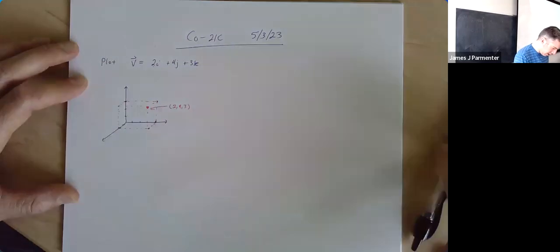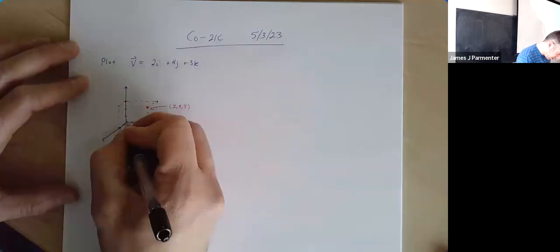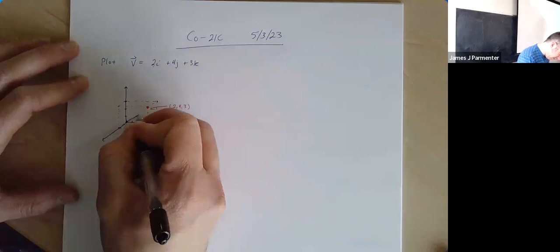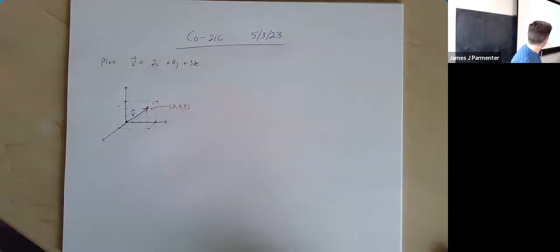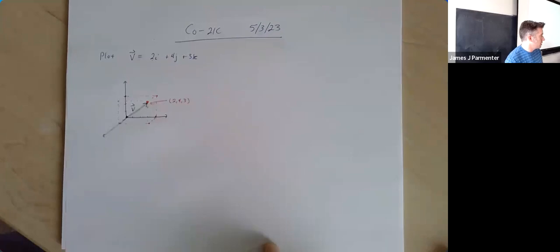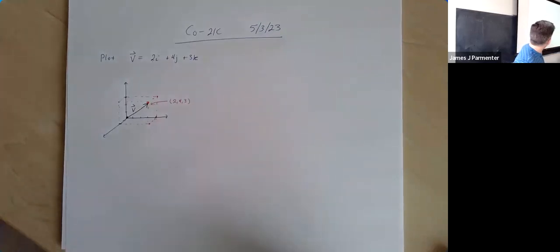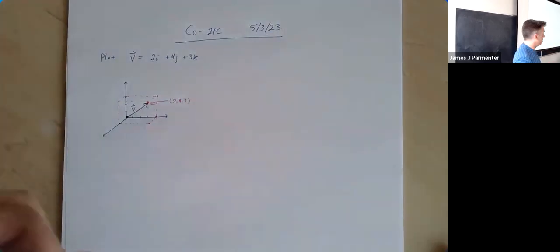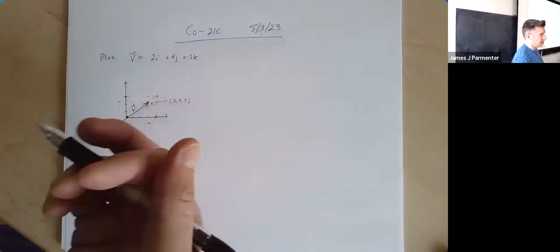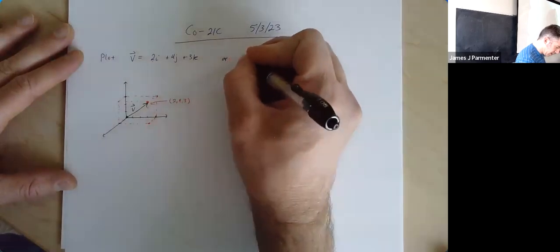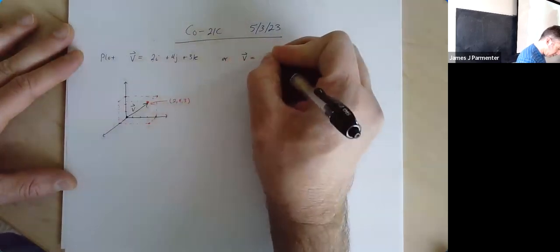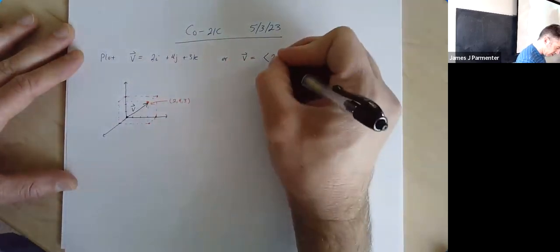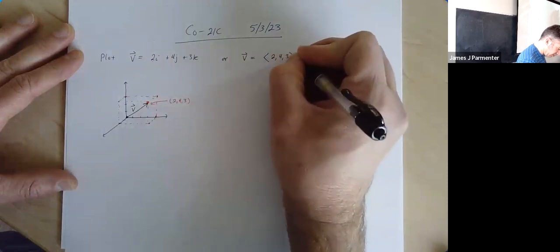Here, I'm about to draw the vector v, 2i plus 4j plus 3k. A couple things about notation. This is pretty standard notation, but there's at least 3 standard notations. Another way you could write this is v equal to angle brackets, 2, 4, 3.